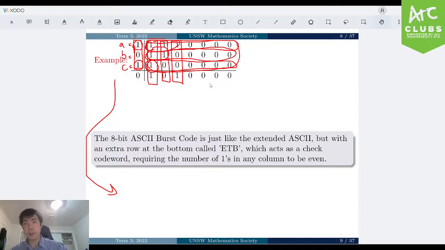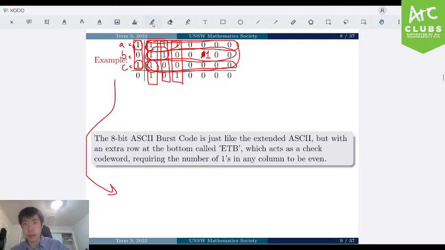So for example, let's suppose that this here became a 1. As we sent these three code words across, this one got corrupted and the 0 here got changed to a 1. Well, firstly, we would know that there's an error in this row.